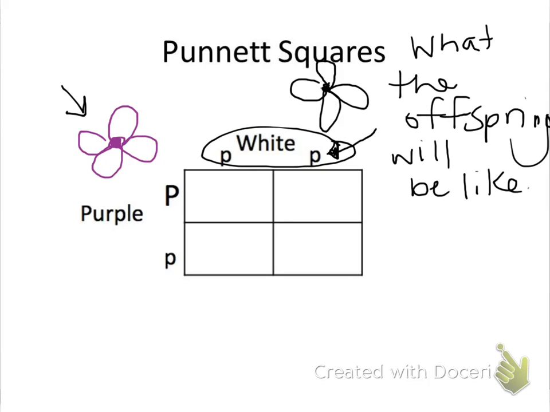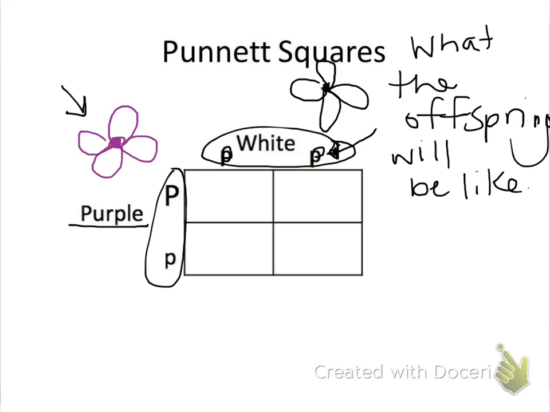We know that in order for the mother to be a white flower, she must have two recessive genes. So we have two p's, one here and one here. They are lowercase p's, which means they're recessive, and they will give a white flower. Okay, now let's look at the father, which goes along the side here. The father flower is purple, which means it's a dominant trait.